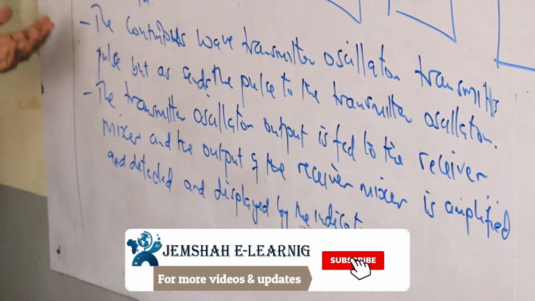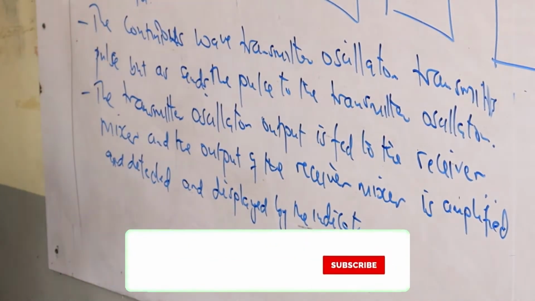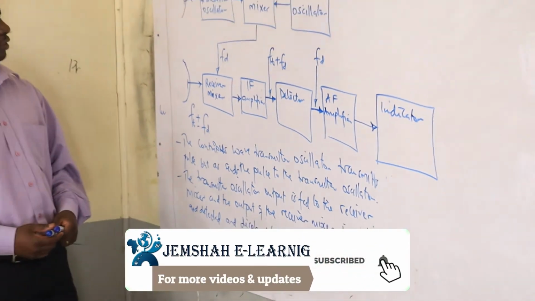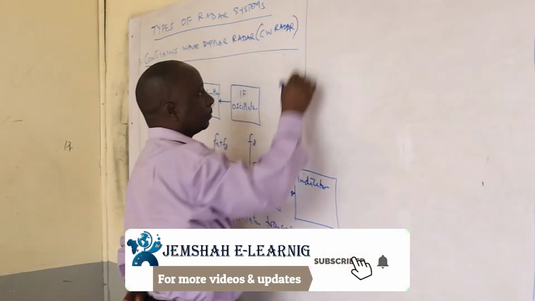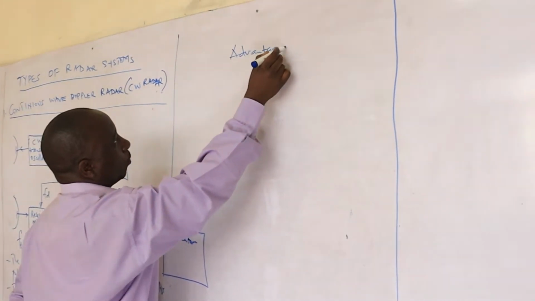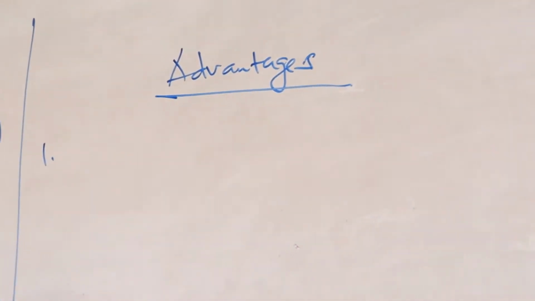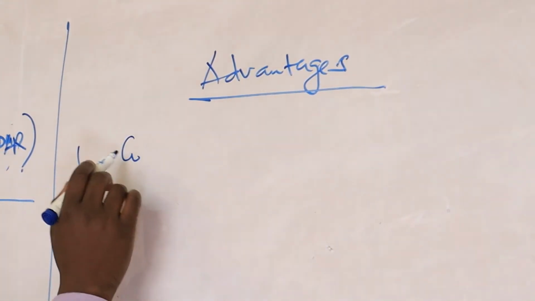And another thing we now come to understand is the advantage of having this type of continuous wave Doppler radar. So we're going to have the advantages. Number one is lower power consumption.